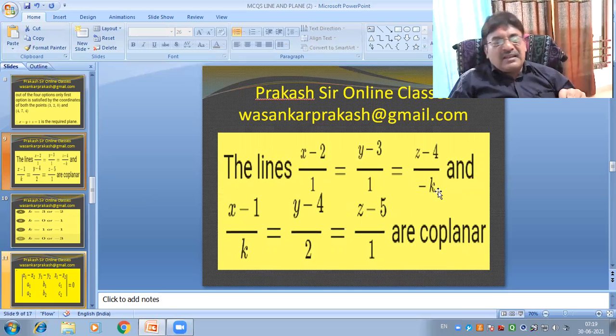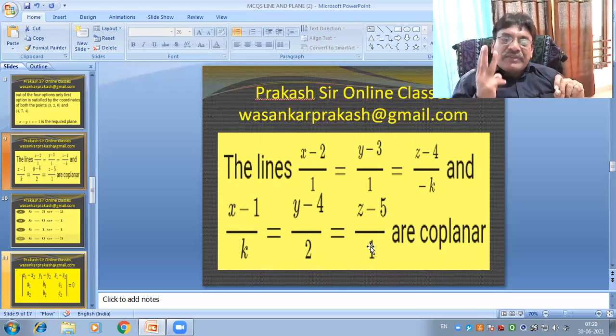Next, the second equation is also the Cartesian equation of a line. So this is the equation of the line passing through the point (1, 4, 5) and parallel to a vector, say vector q, equal to ki plus 2j plus k. And here these two lines are coplanar.